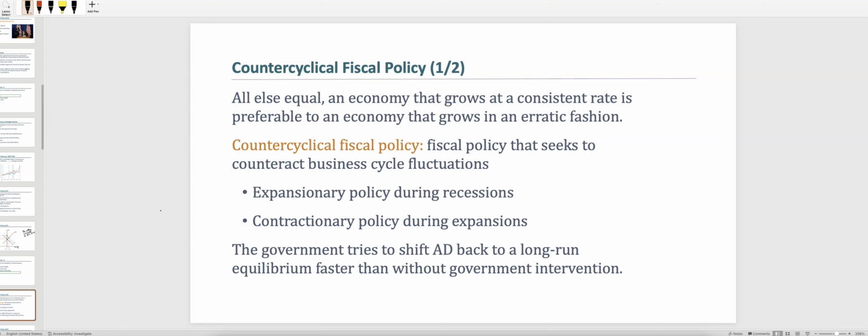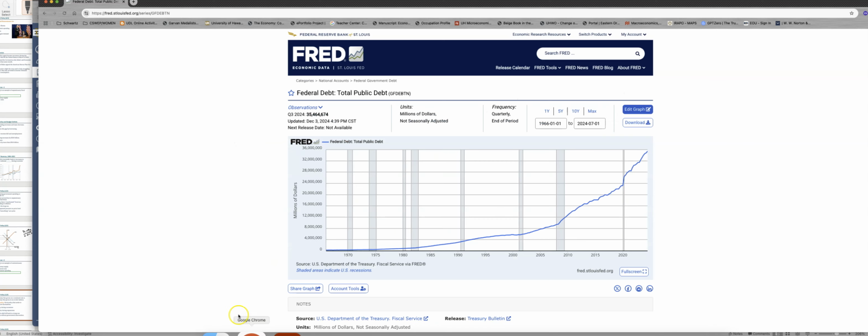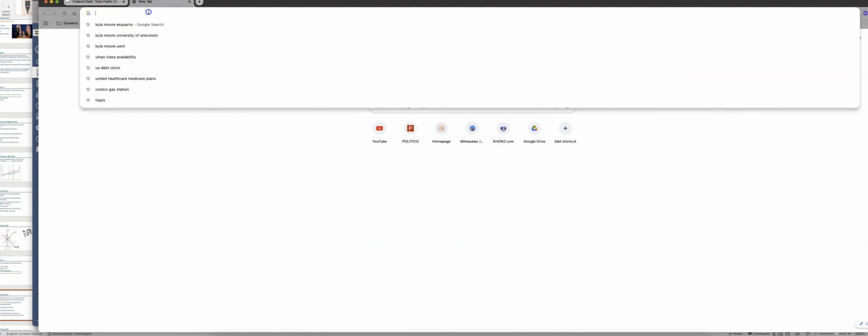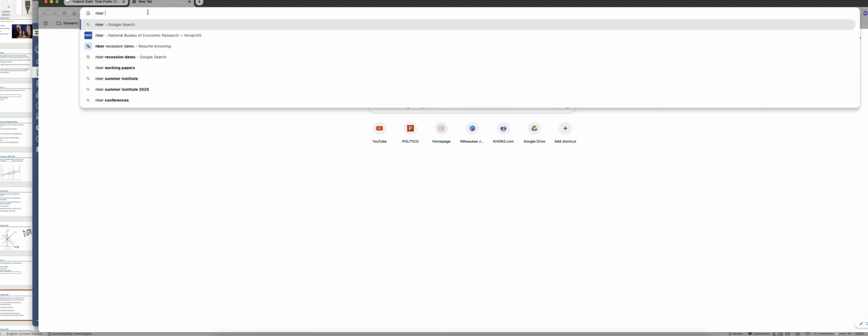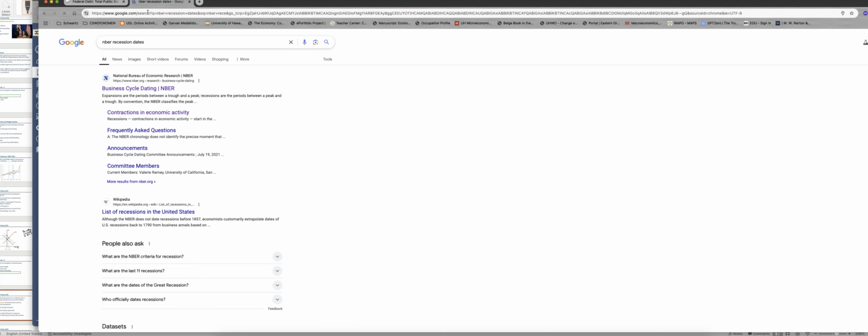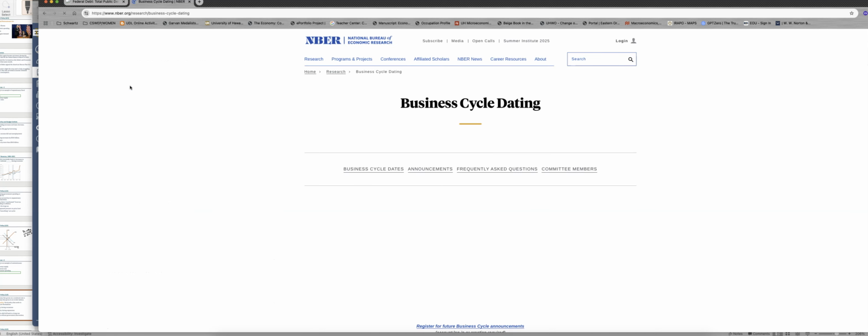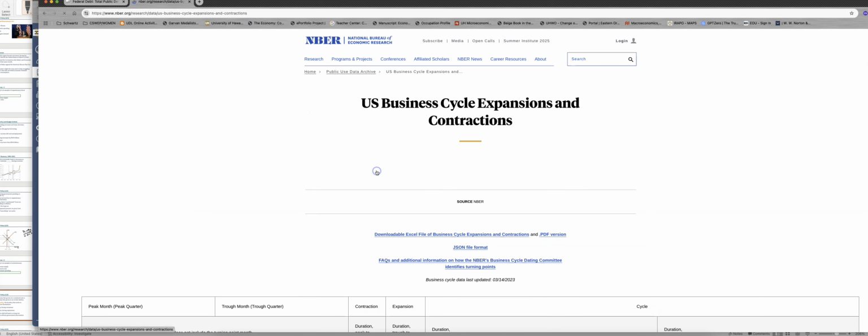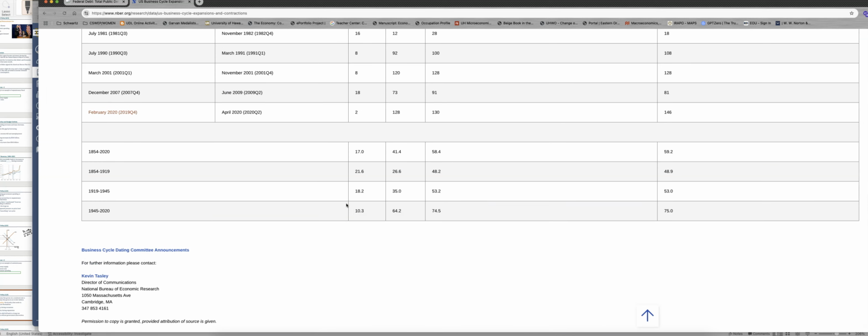So again, when you look at this data here, we looked at this before, but I want to look at this again very briefly, to see how the economy changed.